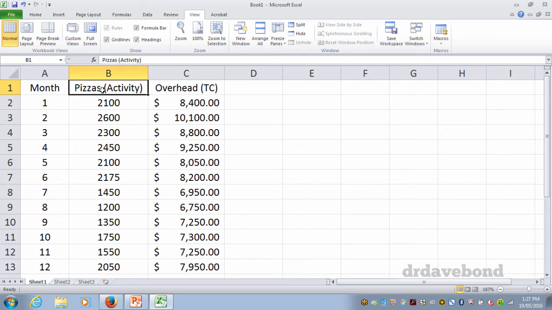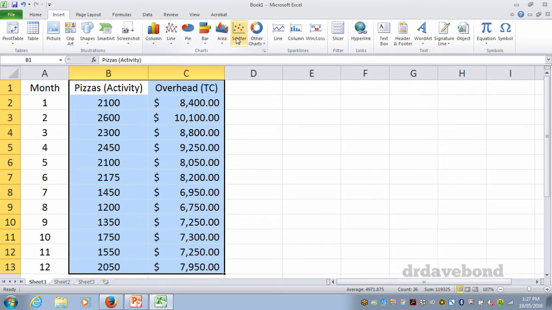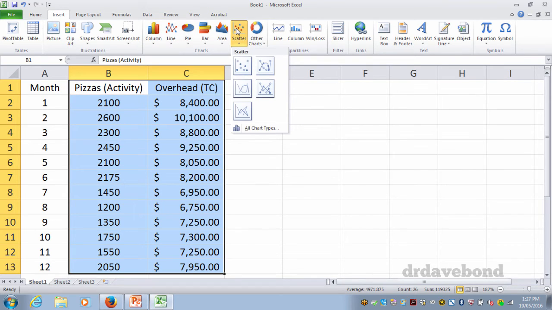All we do is we select the data and we insert. It might be in different places if you're using a Mac or a PC, or even the version of whatever Microsoft package you've got. And insert a scatter graph.